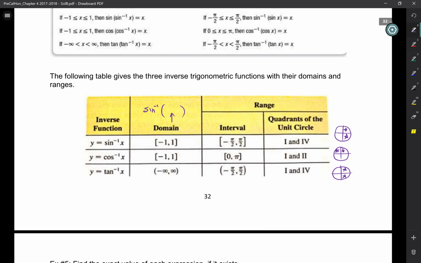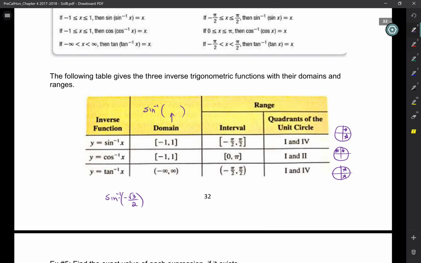The most common mistake, which starts here and carries on through calculus, is this: if I say, for example, inverse sine of negative root 3 over 2, somebody will say an angle that doesn't fall in the range, like 7 pi over 3, or no, 4 pi over 3.